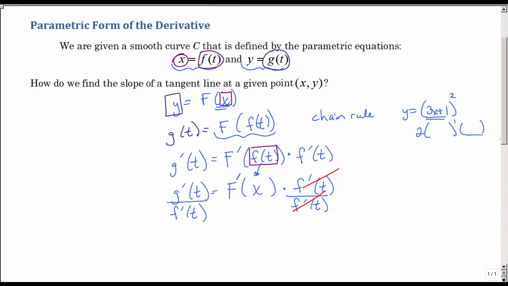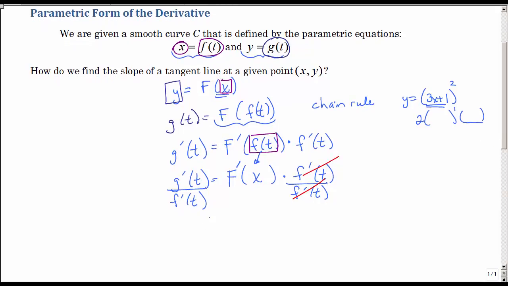And so, just going to write it backwards, if you will, our derivative of our function with respect to x is our derivative of g with respect to t over little f with respect to t. Well, back up here. Again, what was g? That was y. What was f? That was x. So really, g prime of t, or the derivative of g with respect to t, is dy dt.